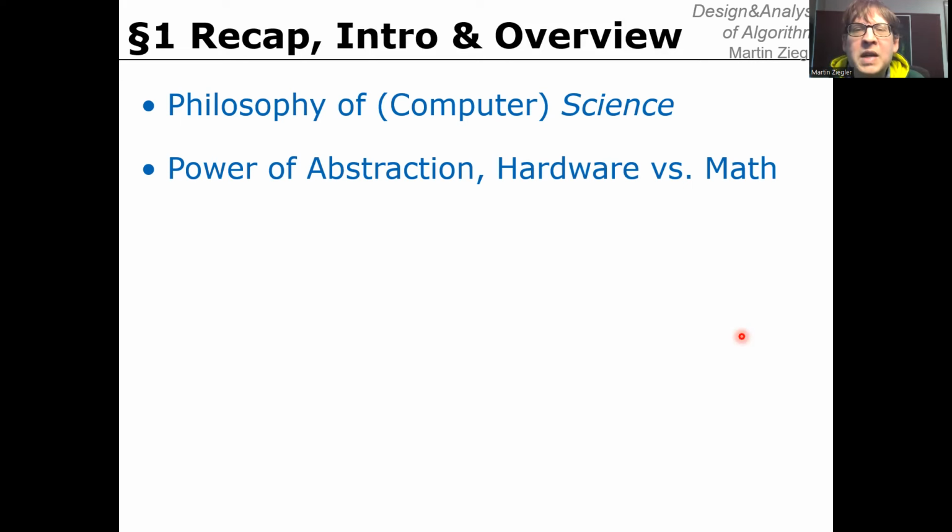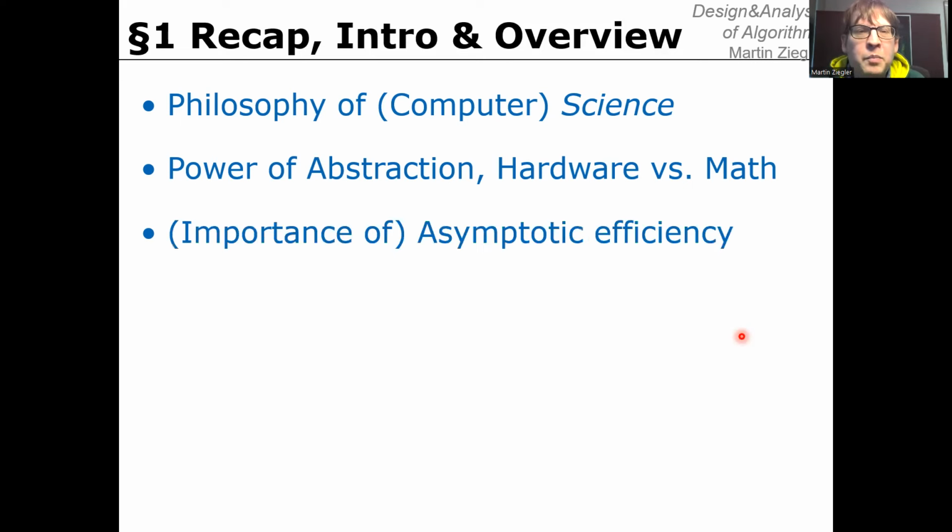Hardware versus mathematical data types, the importance of asymptotic efficiency and classes of asymptotic efficiency, and only then, after having found a provably asymptotically optimal algorithm, can one start optimizing constants.